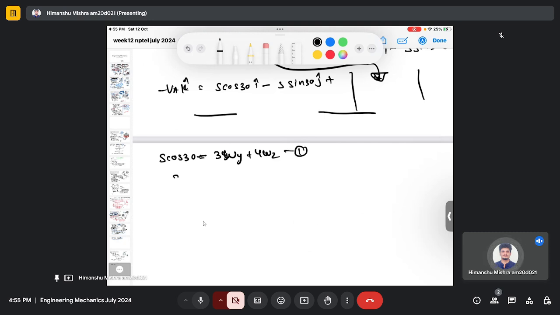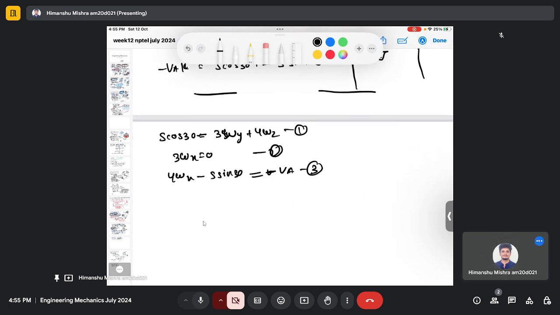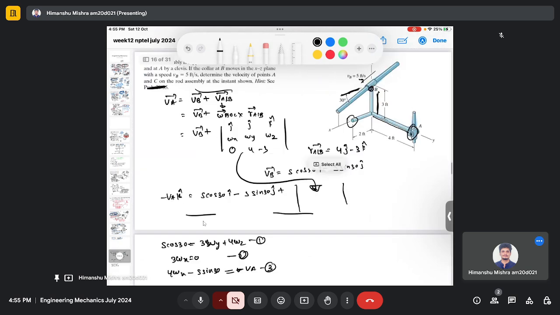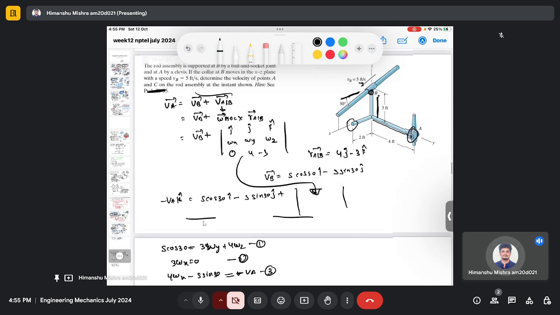In the y direction it is 3 omega x equals 0. In the z direction it is 4 omega x minus 5 sin 30 equals minus VA. So as usual, 4 unknowns and 3 equations, so you can use the vector property again.